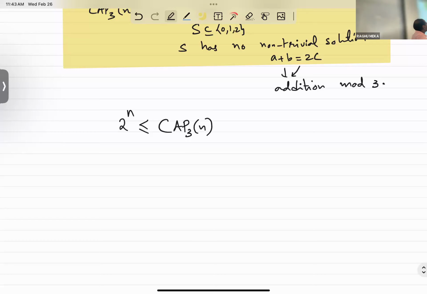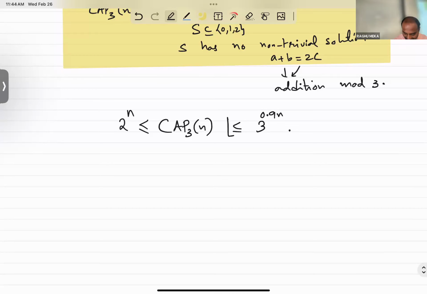If I take all strings which are only zeros and ones, then it doesn't have a plus b equals 2c at all. But we also know that this is at most about 3 to the 0.9n. So we do get some substantial gap, and we will prove this in the next lecture.